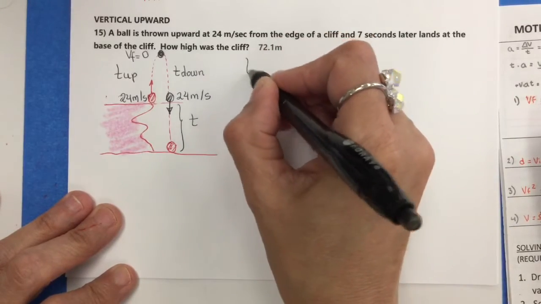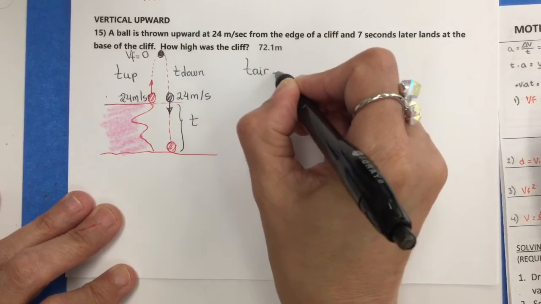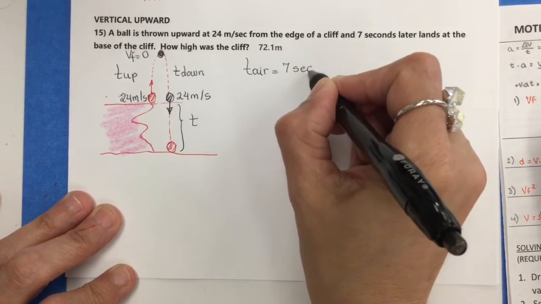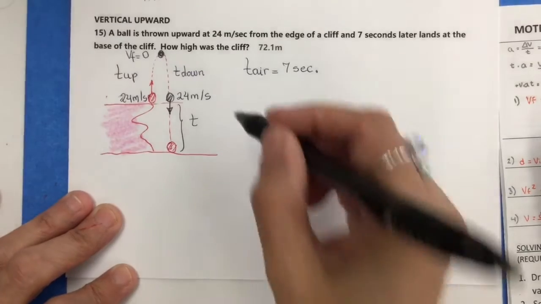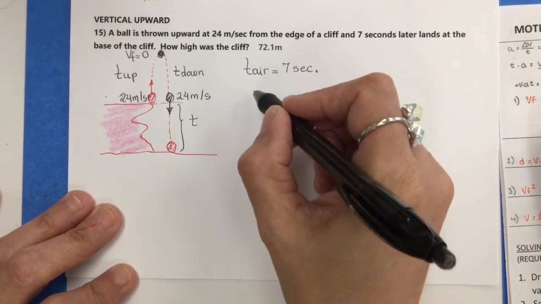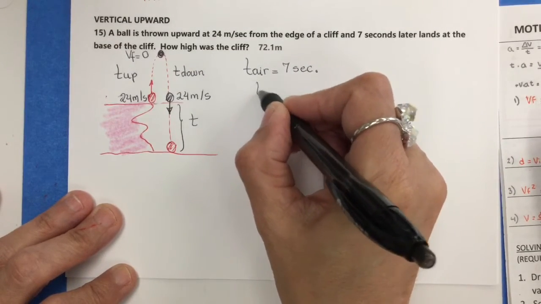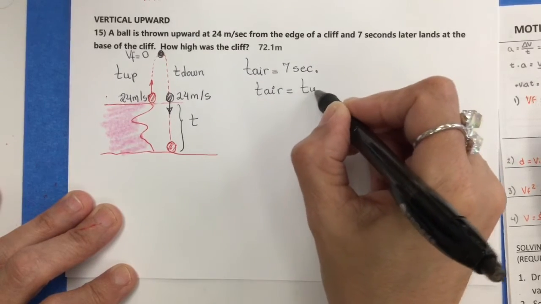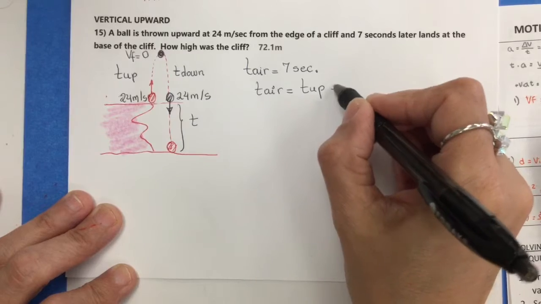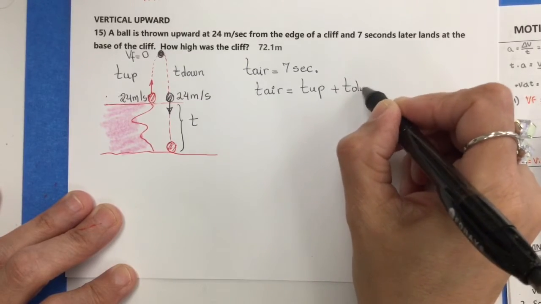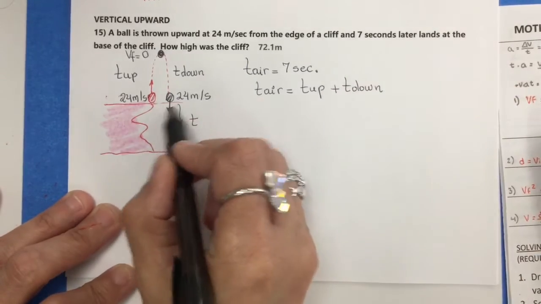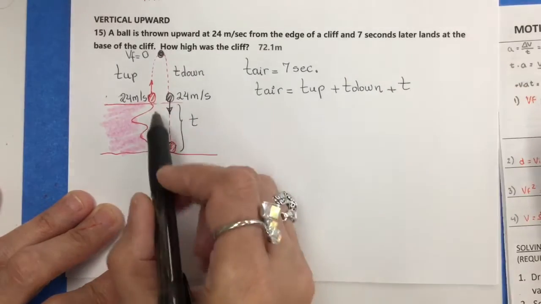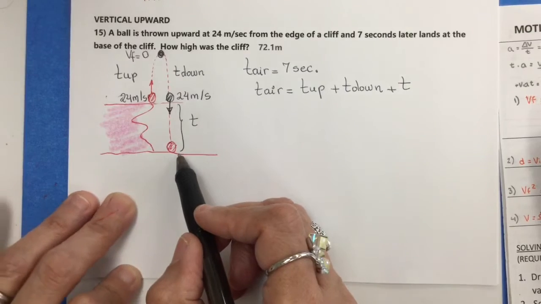So the time in the air is equal to the time that the ball is going up plus the time that it is coming down up to here plus the time from the top of the cliff to the ground.